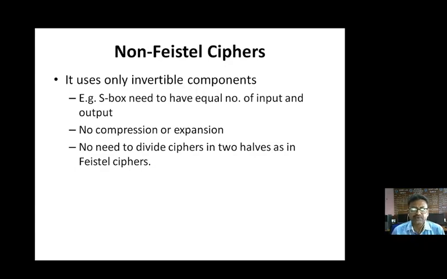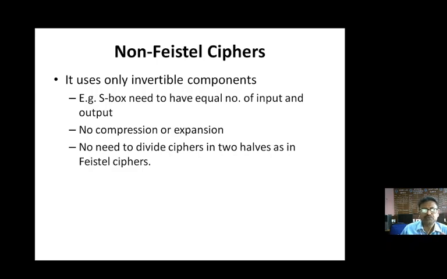Besides Feistel cipher, we have non-Feistel cipher. It uses only invertible components. For example, an Sbox needs to have an equal number of input and output bits. In this kind of cipher, if we use the Sbox component, then it is chosen in such a manner that the number of bits in the input and the number of bits in the output remain the same.